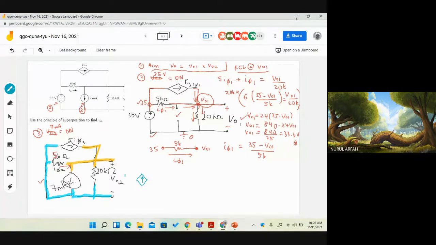This is 5, 5, 2. And then we put it like that. Then we have a resistor, 5 kilo ohms. Then we have the current direction going down, right? Then this is 7 milli, then we have 200k, but 20k.